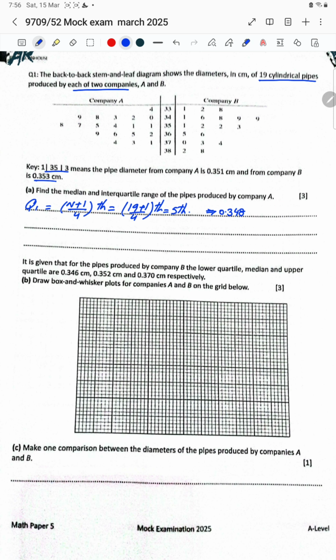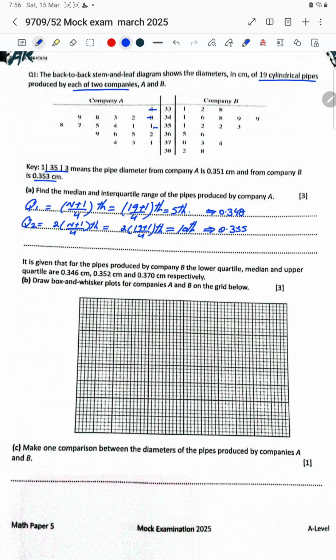Similarly, we can go for the median, that is Q2, which is 2 times (n plus 1) by 4. That gives us 2 times (19 plus 1) by 4, the 10th value. The 10th value is 1, 2, 3, 4, 5, 6, 7, 8, 9, 10, 0.355.